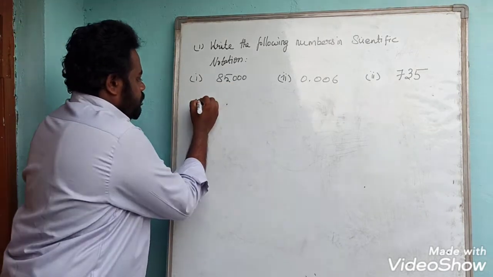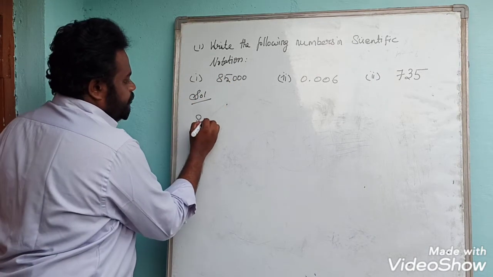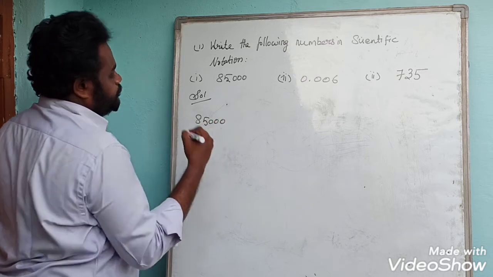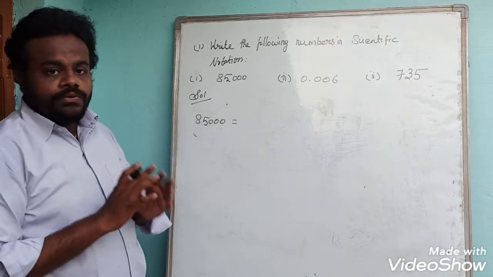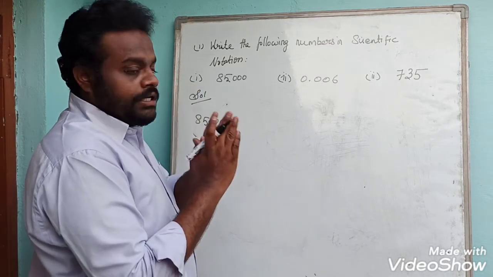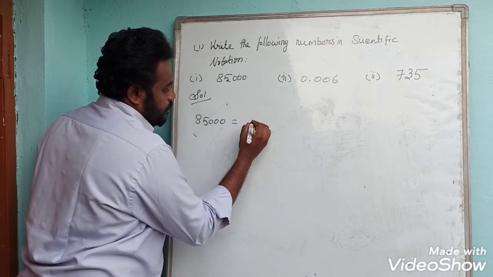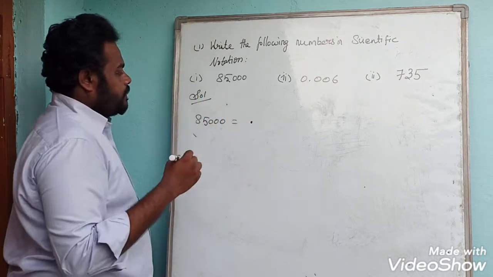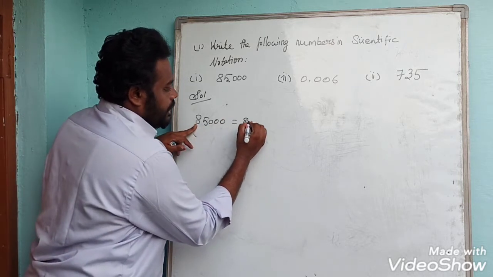First one, solution: 85,000 can be written in scientific notation. In scientific notation, left of the decimal point only one digit is there. So here 8 is there, so we take 8.5.